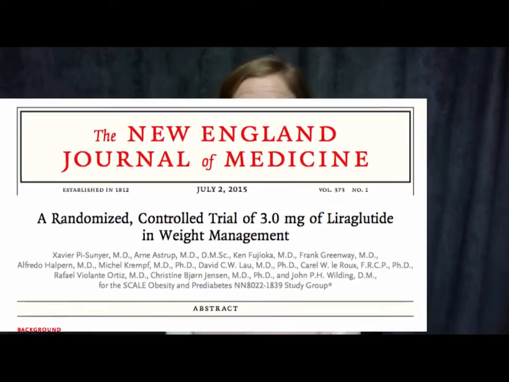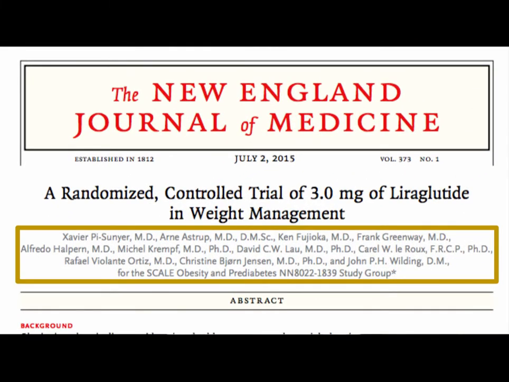Third, I consider the authors. Who are the authors and what are their affiliations? I find the authors listed below the title. I notice there are many authors for this article, and most of them have MDs.